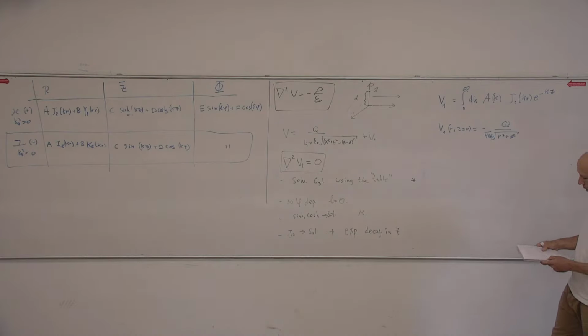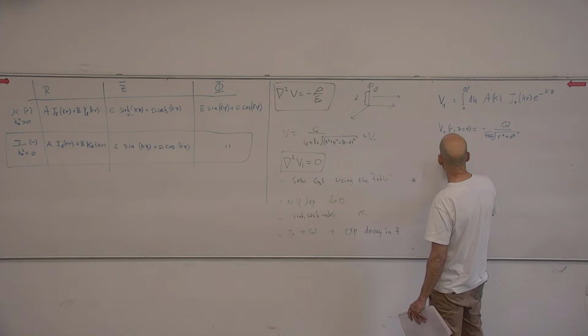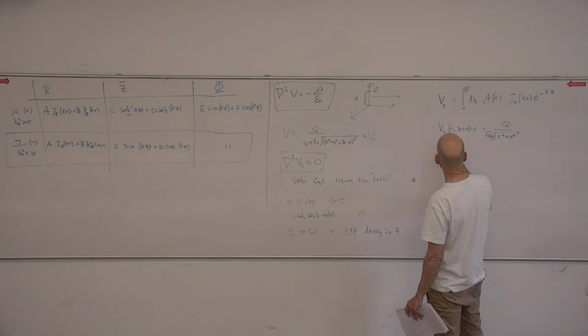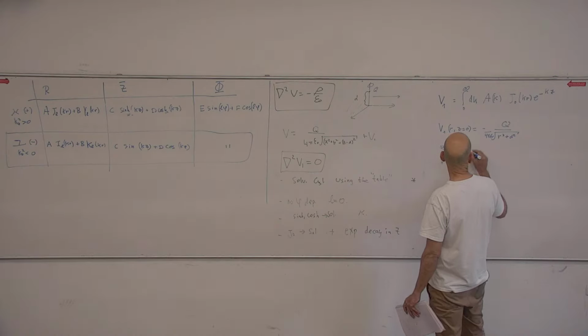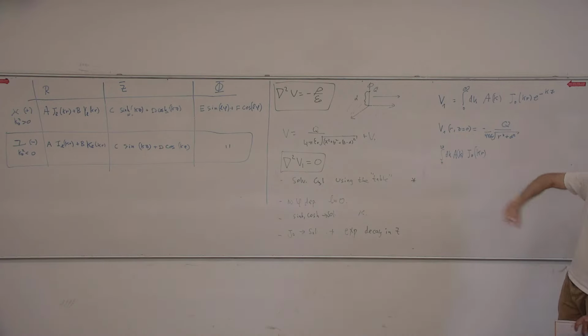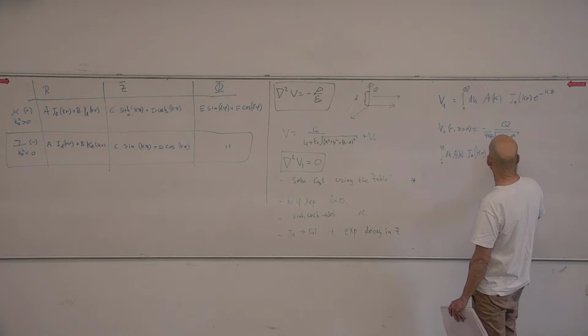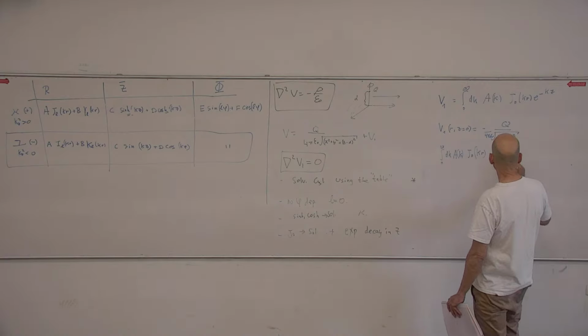So we know that the integral from 0 to infinity dk A_k J0(kr), where I plug in z equals 0 because this is on the plane, is equal to minus q over 4 pi epsilon 0 times the square root of r squared plus d squared.